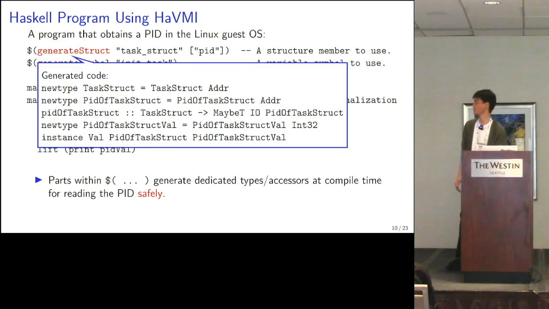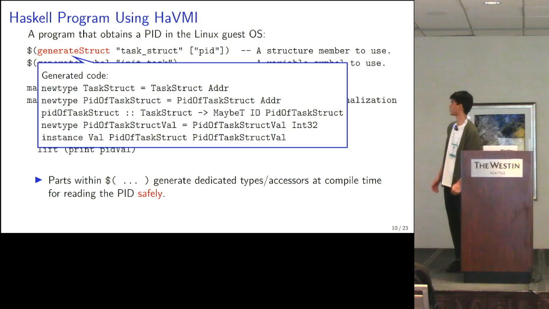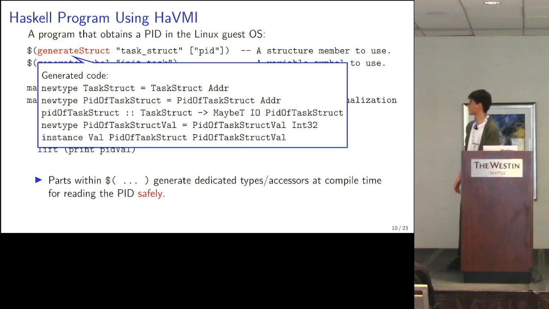For instance, the generateStruct meta function takes the structure name and the member's name to generate dedicated types and accessors for the member pid.